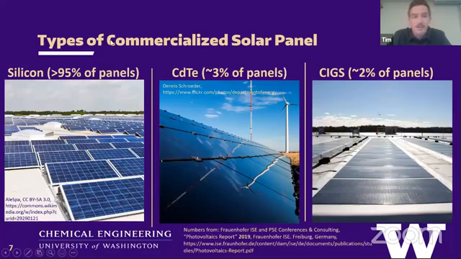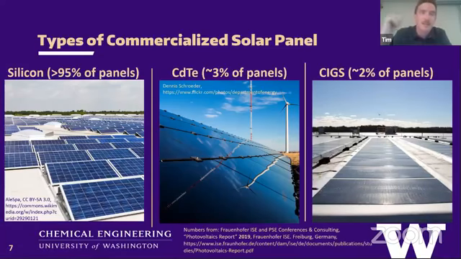And even in 2017, 95 to 97% of all panels that were installed in the world were silicon-based solar cells. It's silicon, not silicone, by the way. So it's silicon-based solar panels in most of the world.